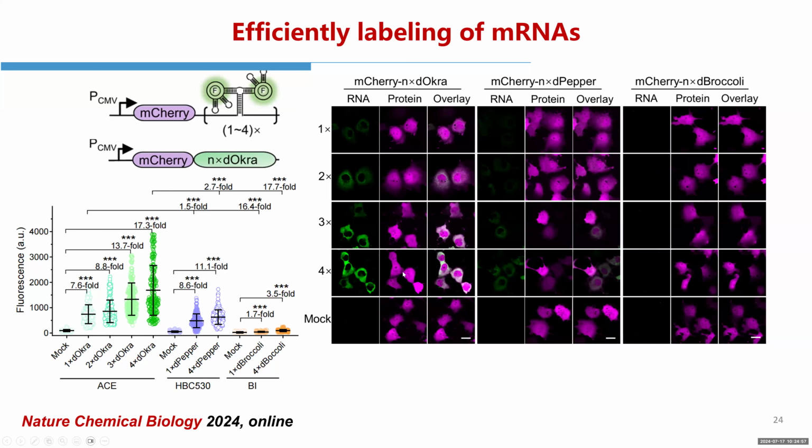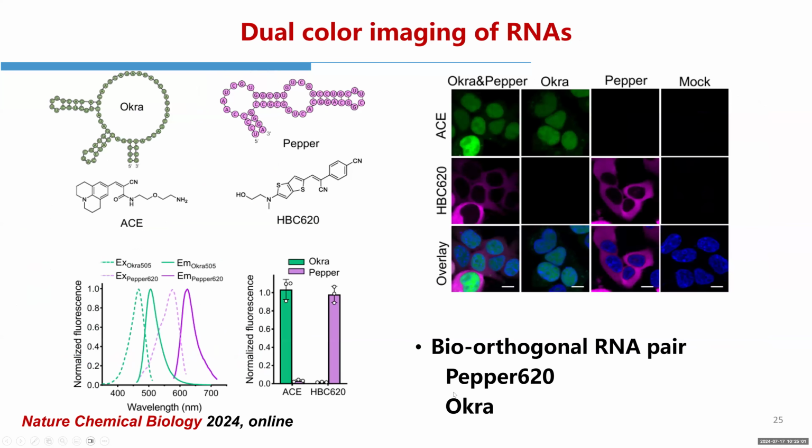This mRNA is present in the same cells. We found Okra is orthogonal to Pepper 620. Okra doesn't bind with HBC 620, and the pepper doesn't bind with the ACE dye.